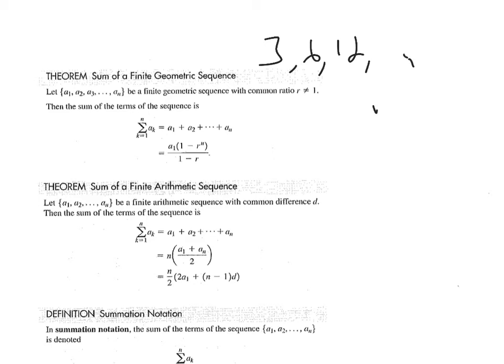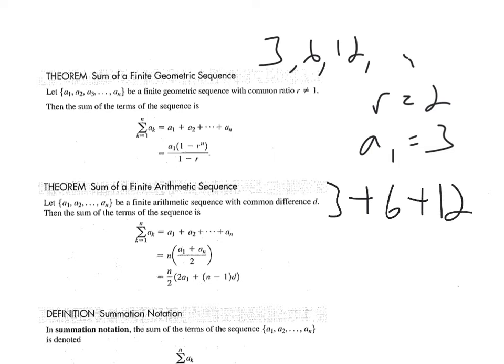We know the common ratio was 2. We know our first term is 3. So what if I wanted to find the sum of the first 3 terms of this geometric series? It would be a series, because now we're saying 3 plus 6 plus 12. That's 9 plus 12, which is 21. So we know the sum of those 3 numbers is 21.